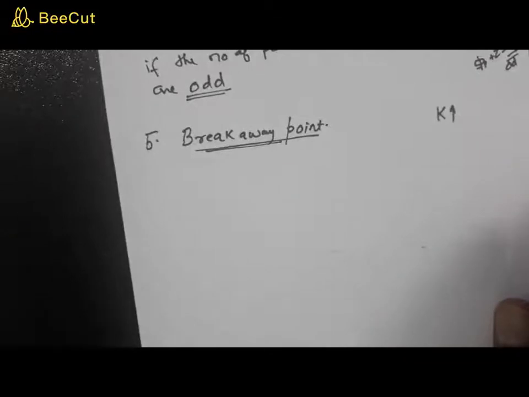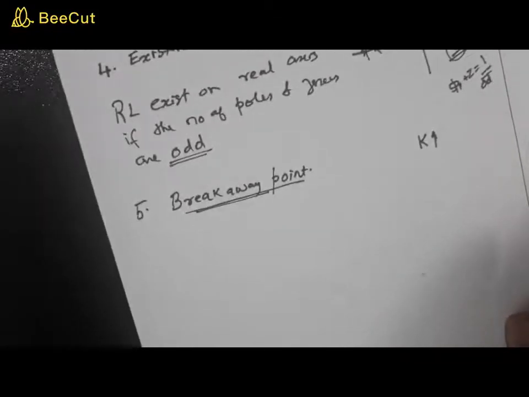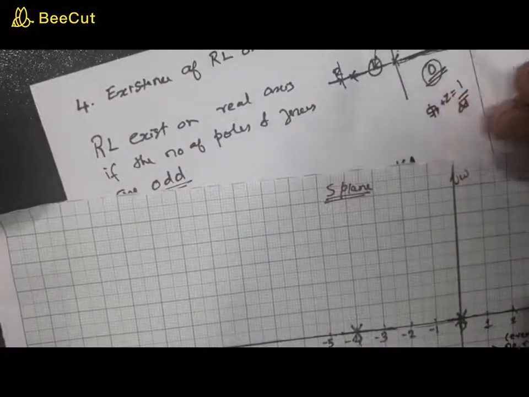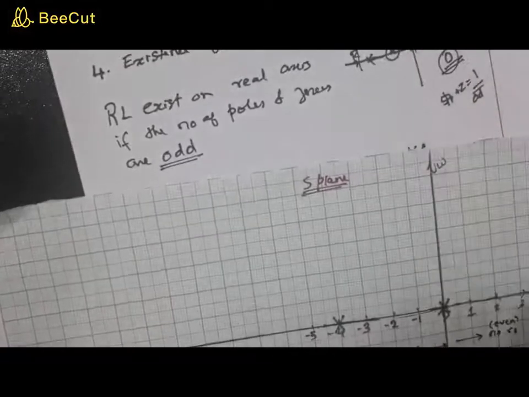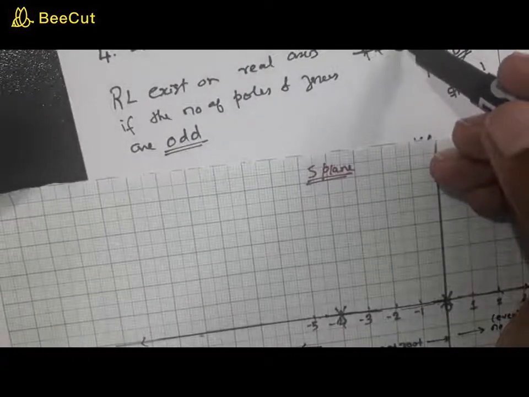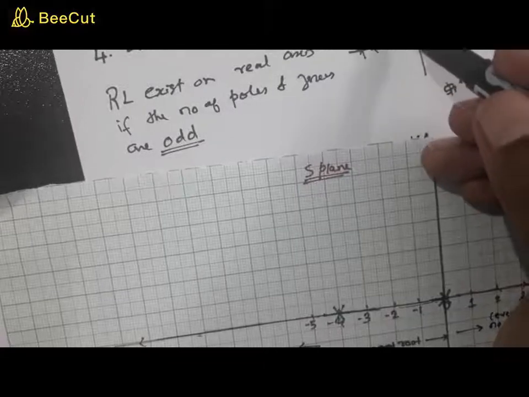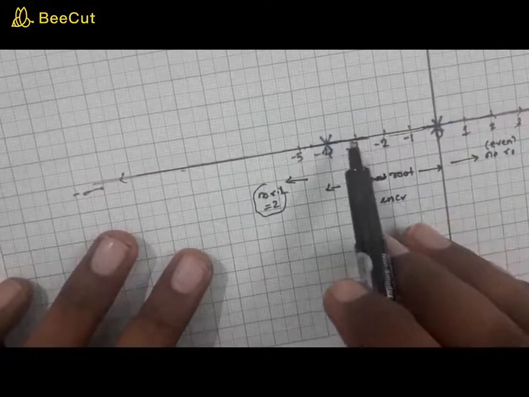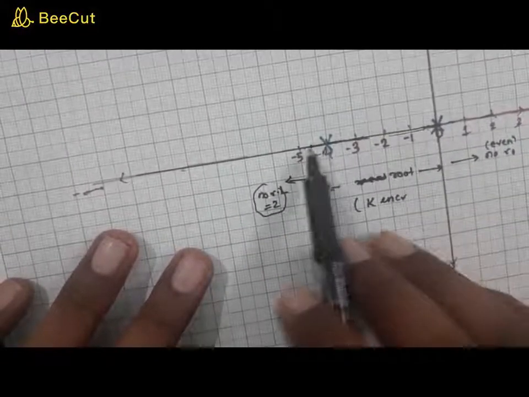That is the point on the real axis where k is maximum. On the real axis, I don't mean the imaginary axis. After that value, this breaks up and moves to the imaginary side. So we want to find the maximum value of k on the real axis.